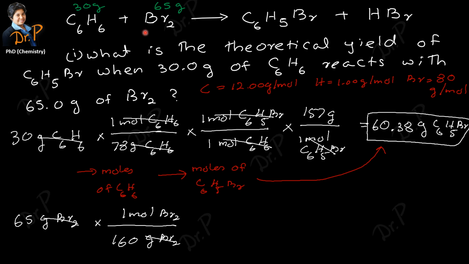This gives me the number of moles of Br2. From the balanced equation, 1 mole of bromine gives 1 mole of bromobenzene.